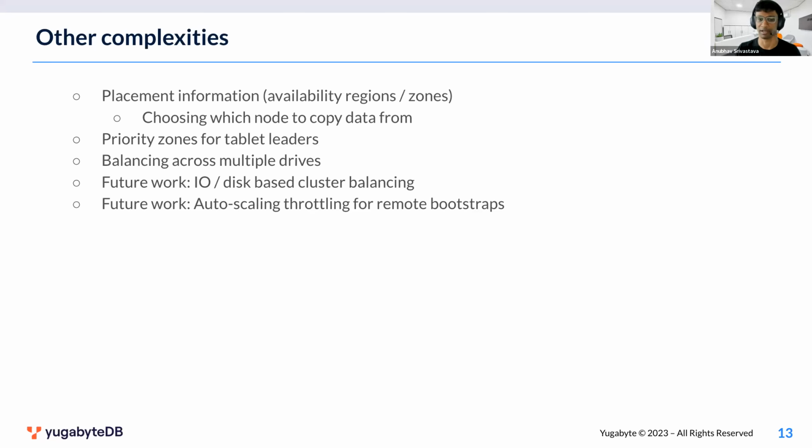So we might want to consider balancing tablets based on IO and disk usage as well. And then there's a bit of work on automatically scaling those flags, which we saw for throttling remote bootstraps, so that instead of saying I want 10 remote bootstraps going at the same time, I want one per node or one between every pair of nodes. That way you're maximizing the use of a large cluster while not penalizing smaller clusters.